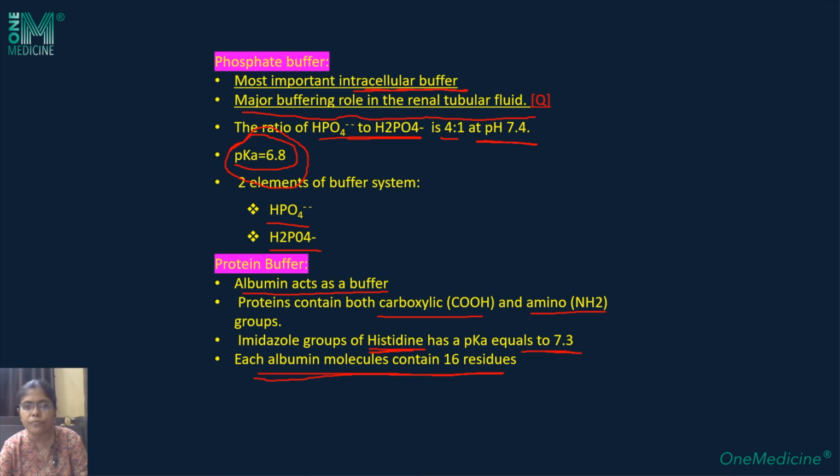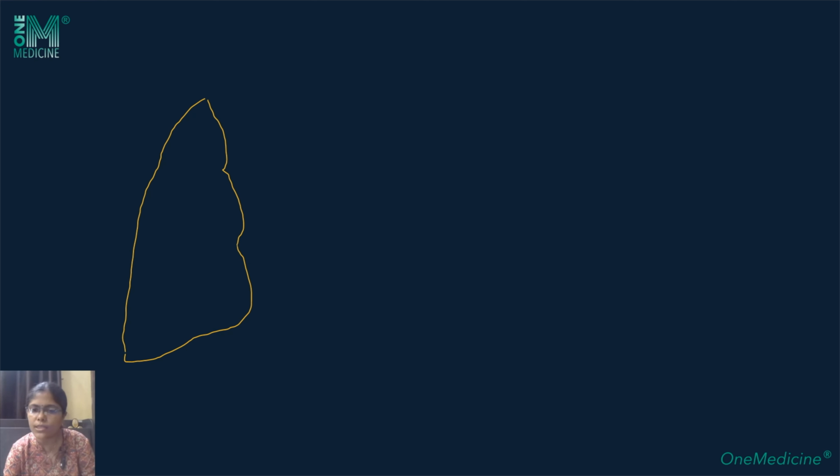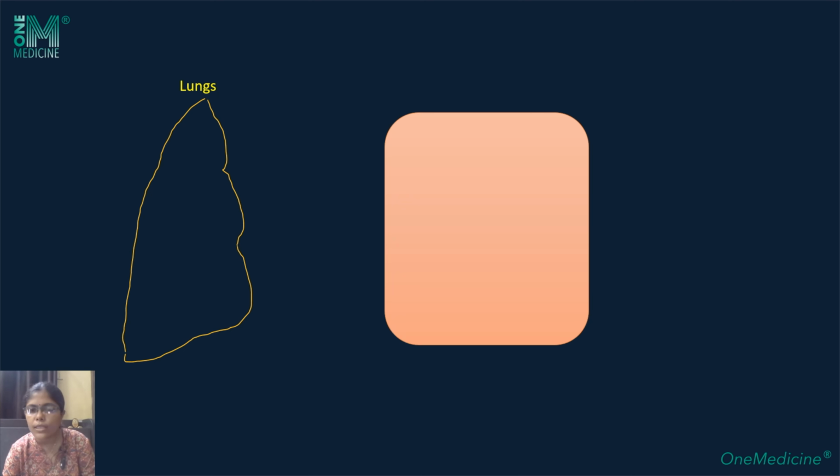Now, how does this buffer act? Let us take an example. This is a schematic representation of our lungs. This is the RBC within the tissues. Carbon dioxide that is liberated from tissue metabolism enters the RBC.